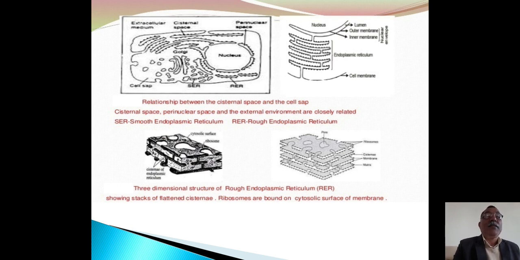In the cell there is a nucleus, and between the nucleus and plasma membrane, these endoplasmic reticulum are present. We can see a clear-cut view of the nucleus and cell membrane, and these are called the endoplasmic reticulum.